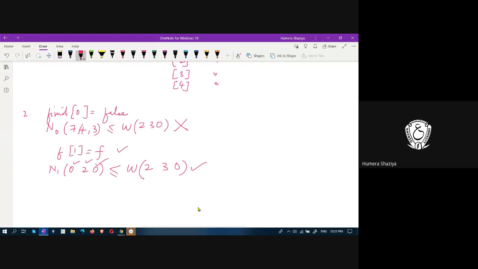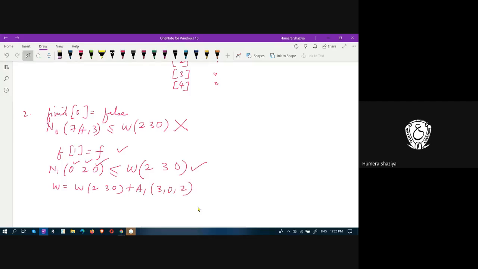In the next step, you say that Work is equal to Work plus Allocation. What is Work? Work is 230 plus Allocation 1, meaning the allocation to process 1. What is Allocation 1? 302.